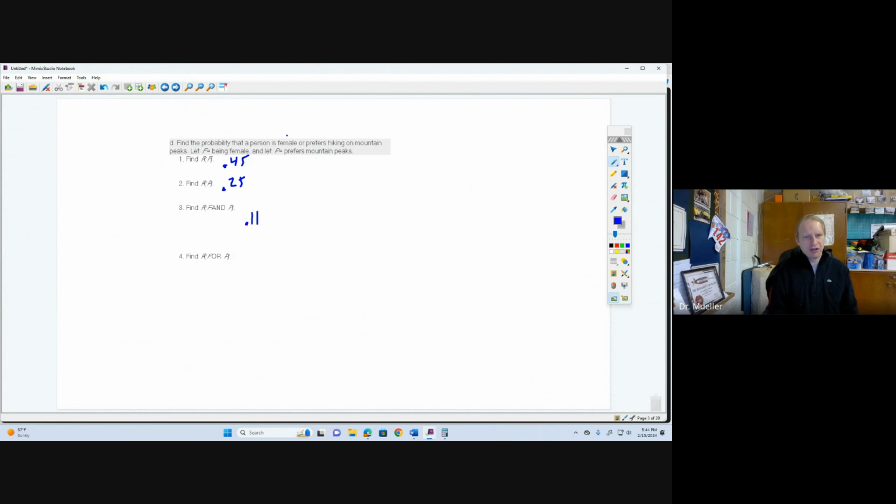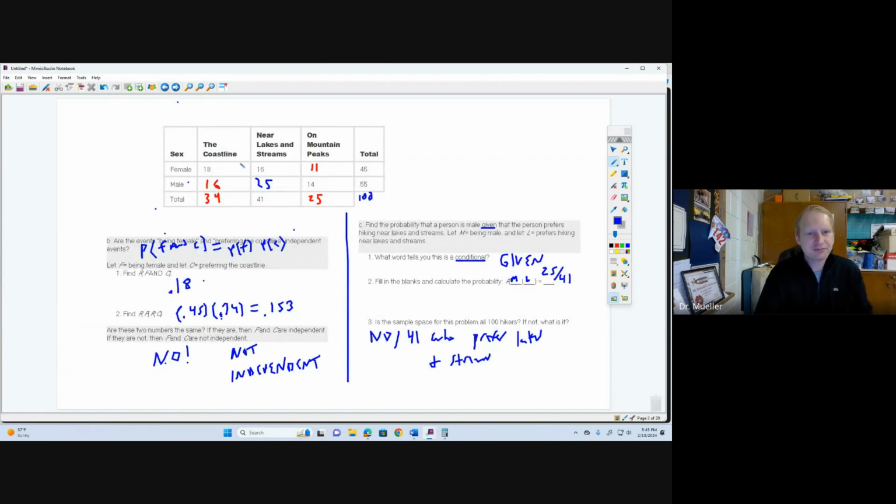Now I'm going to show you something. When we find the probability of female or prefers mountains, we can go to the chart and just circle every category. So 18 plus 16 plus 11, or prefers mountains, so that would be these 14 as well, and just add up these four numbers.